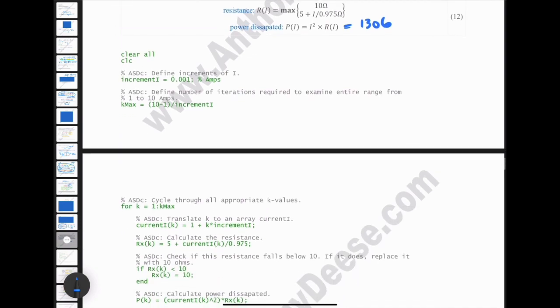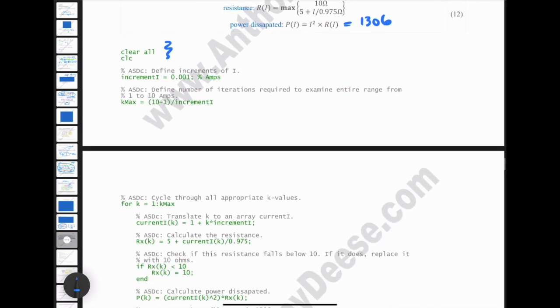So here I have a MATLAB script. I just cleared the memory. I'm setting up my increment. I'm saying that my increment is going to be 1 milliamp. The smaller the increment is, the longer it will take, but also the more precise an answer it will give. Let's determine the number of iterations we're going to need to examine the entire range.